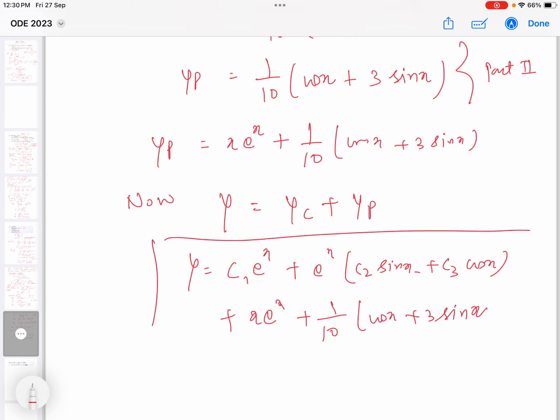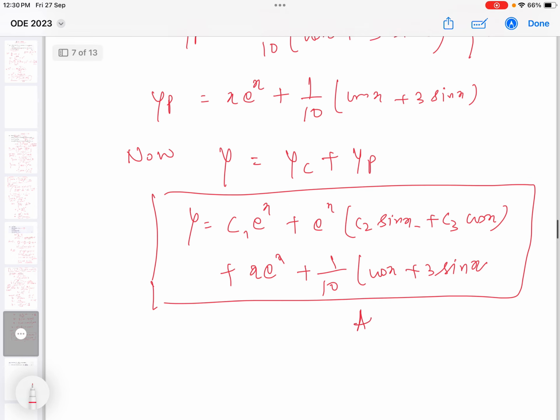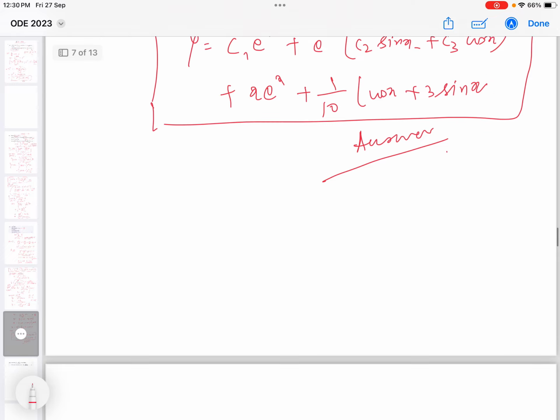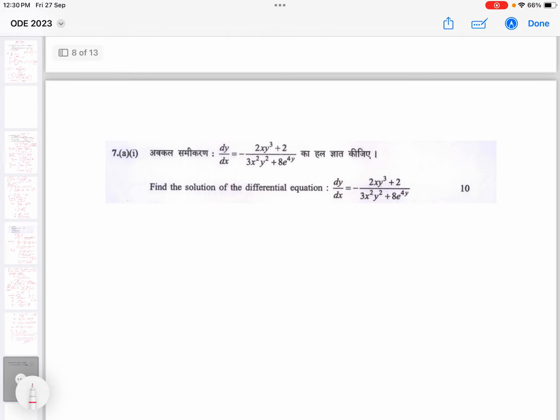So we get the complete solution, the answer. So we will be solving this one.